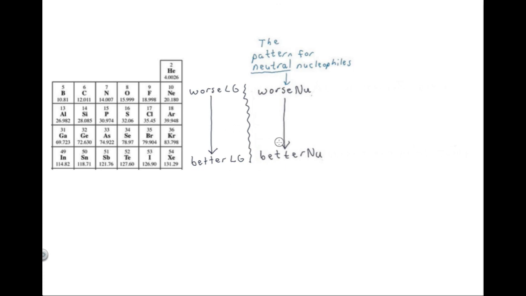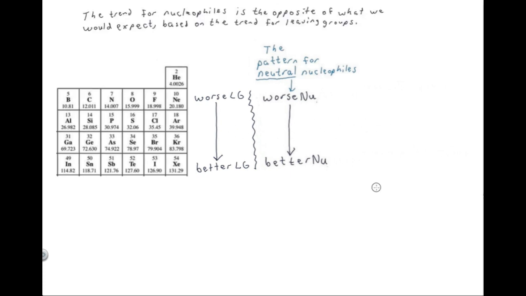Now, the next comment I want to make is that it is surprising that these trends both go in the same direction. It's not what we would have predicted. If you knew this trend for leaving groups, the most natural prediction would be that nucleophile ability would have the opposite trend and would increase as you move up the periodic table. Do you see why? Well, remember that leaving groups are electron receivers, but nucleophiles are electron donors.